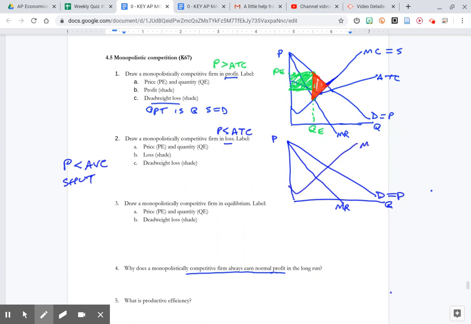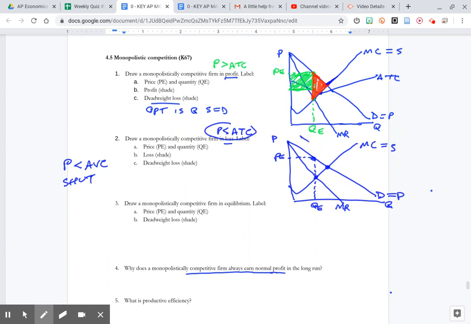So we've got a marginal cost, and that's still supply. And so that tells us the optimal is here. They're not going to produce that. Now the MR equals MC tells us the quantity they're going to produce, QE. And it goes up to the demand curve to tell us the price, PE. But we know from this here, price is going to be below the ATC.